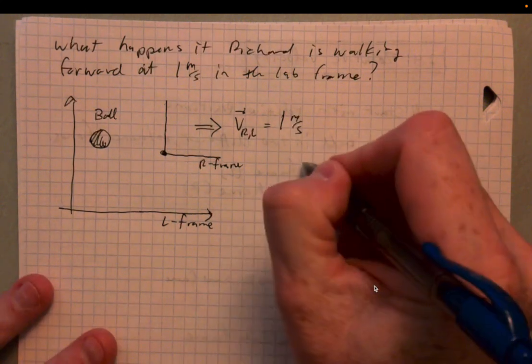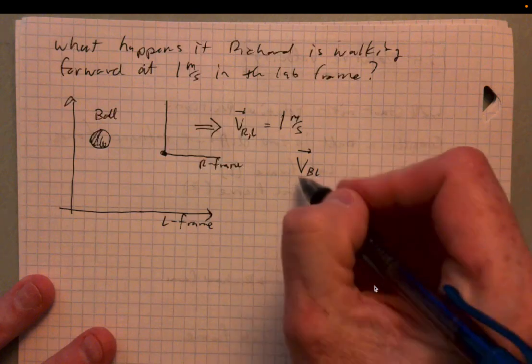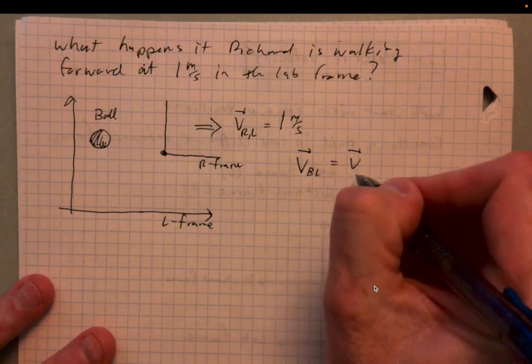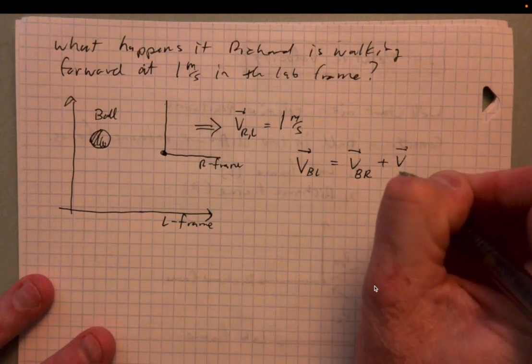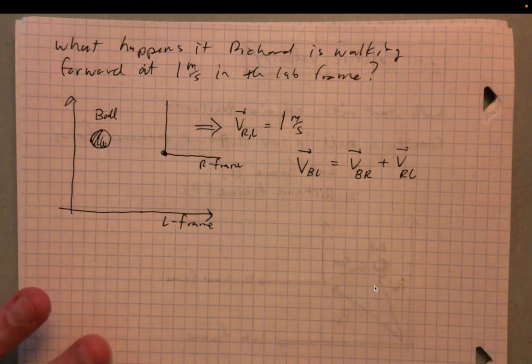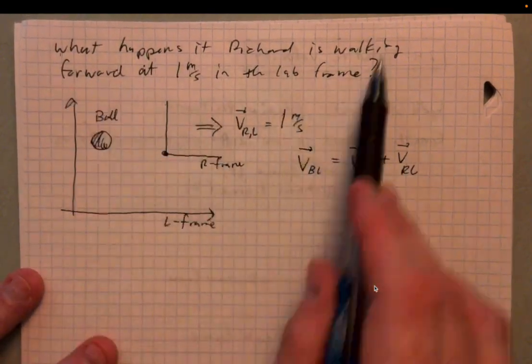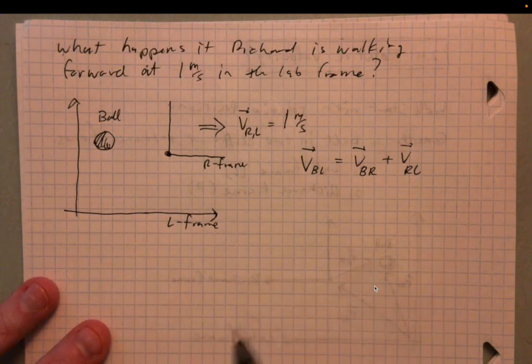mathematically? Well, start with our velocity equation. Velocity of the ball in the lab is equal to the velocity of the ball relative to Richard plus the velocity of Richard relative to the lab. Now, in this example where the only thing moving is Richard relative to the lab frame, I'm moving at 1 meter per second to the right.